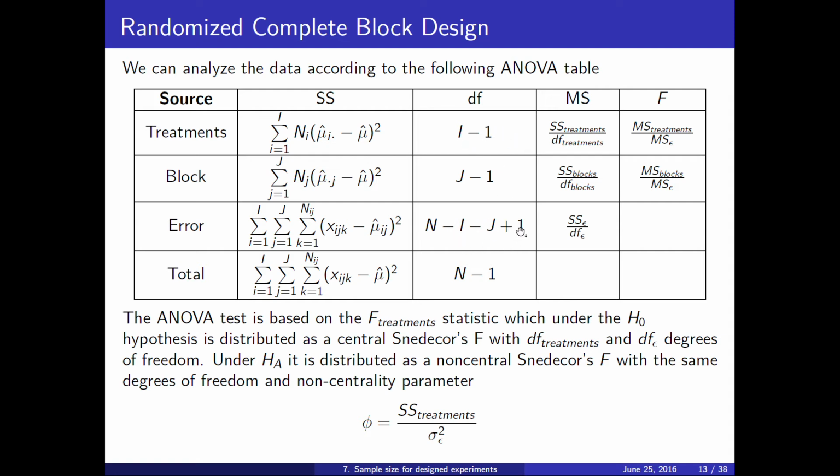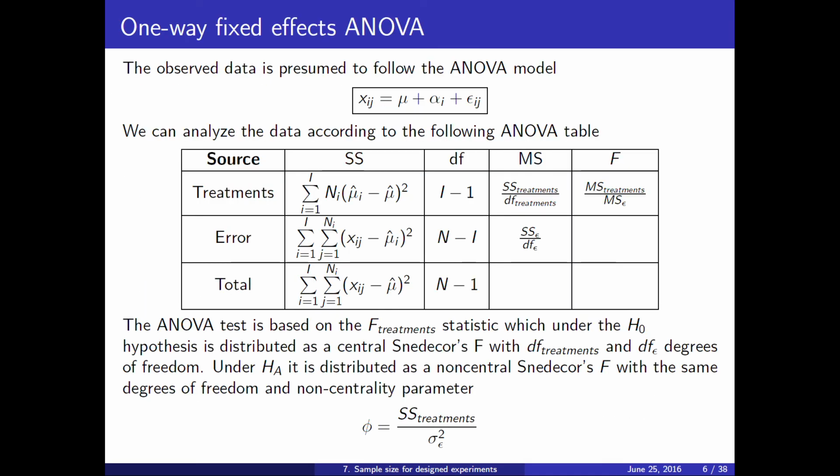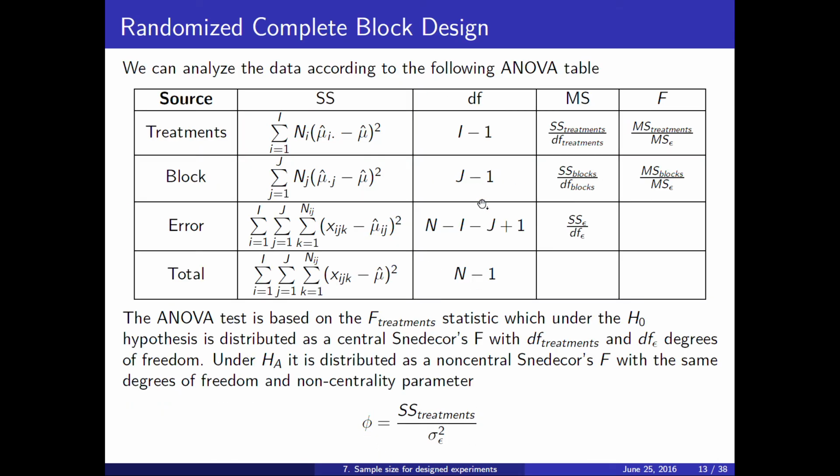And there is a change with respect to the previous case, because the number of degrees of freedom of the errors has changed from n minus I to this one. Okay, the number of degrees of freedom of the treatments has not changed. And the non-centrality parameter is again the same one as we had before.